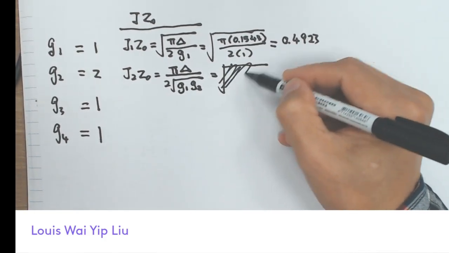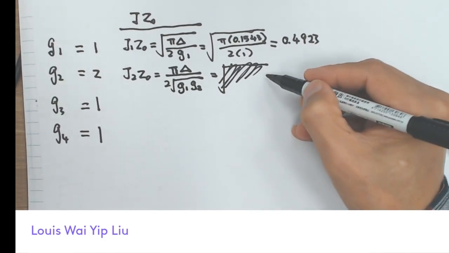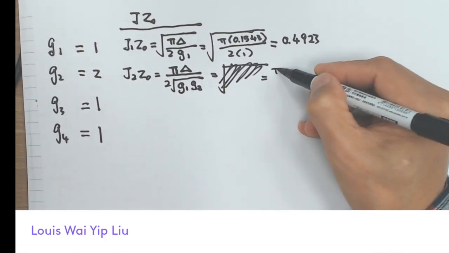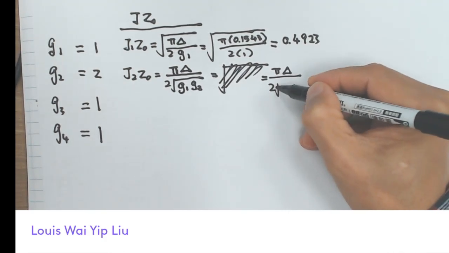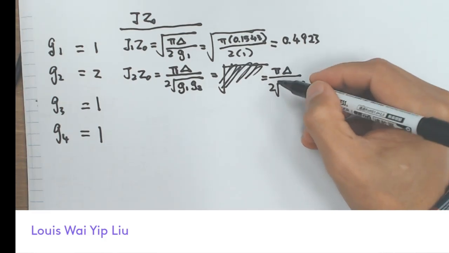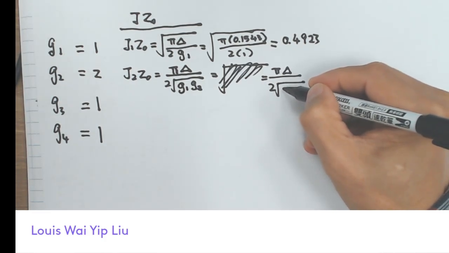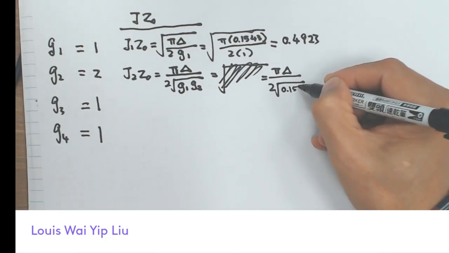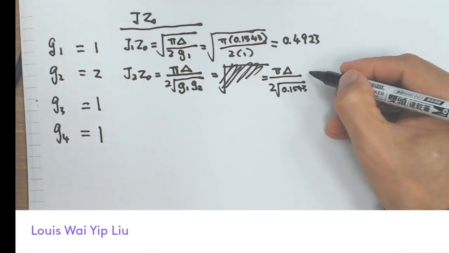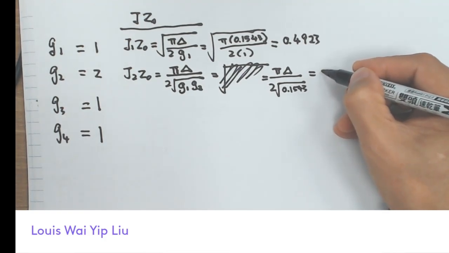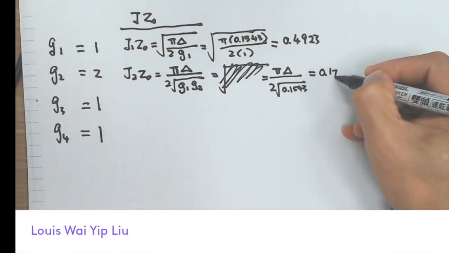It's not that way, it's π over 2, times 0.1543 times... I don't want to write it. So if you do it carefully, it's going to be 1.713.